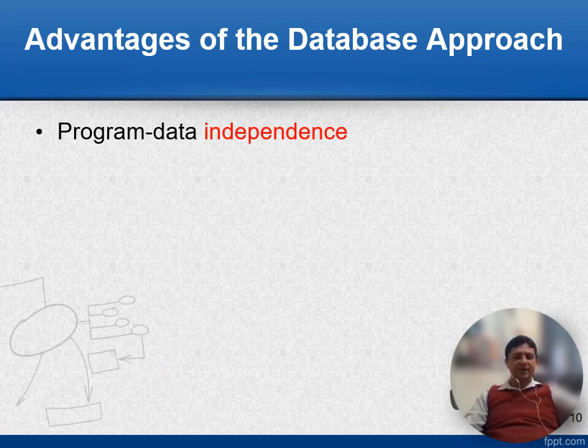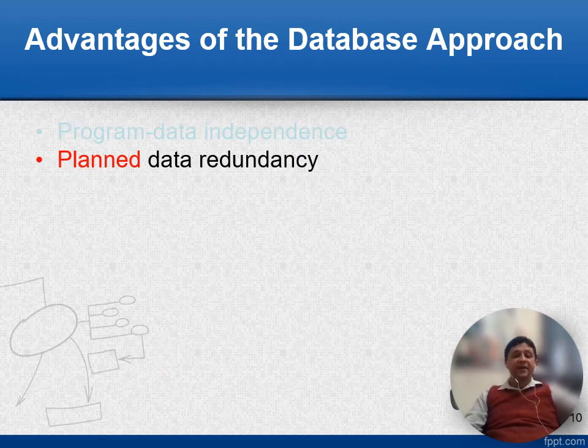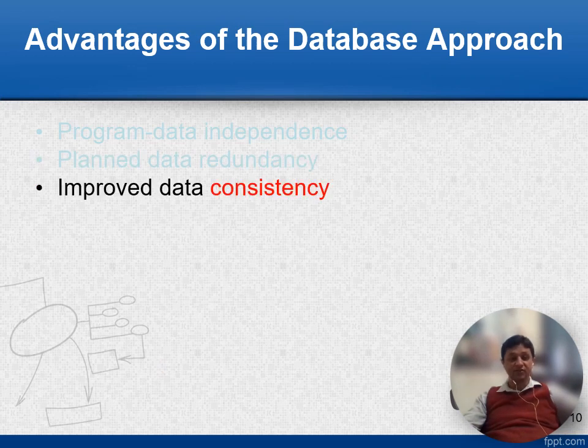Now we are going to discuss some of the advantages of the database approach. Program and data are independent, because now the data layer is developed using the database management system, and the application is developed in a separate tool and language, so they are totally independent of each other. There is planned data redundancy. There would still be some duplication, but that duplication would be planned, and the database management system can be used to take care of it in order to prevent the threat to integrity and inconsistencies.